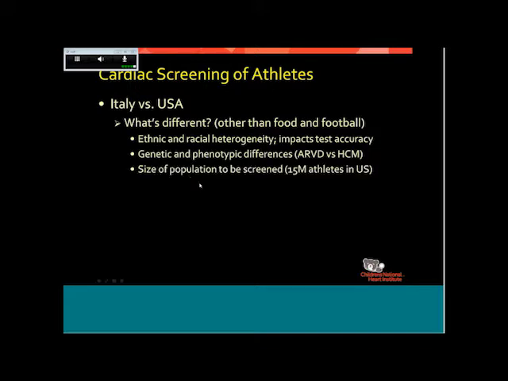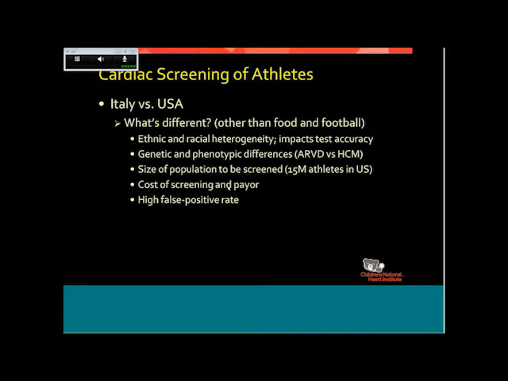The size of the population to be screened is also much different. There's 15 million athletes in the United States, and the cost of screening and the fact that we don't have single-payer health care makes this less enthusiastic and less of a value to screen every athlete with an ECG.